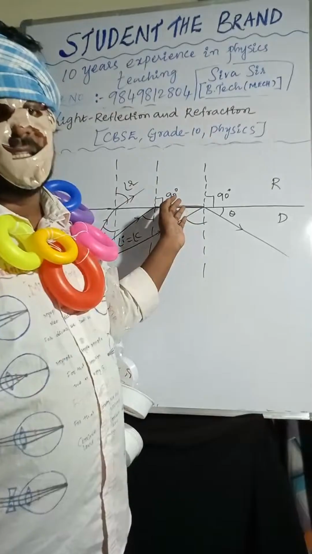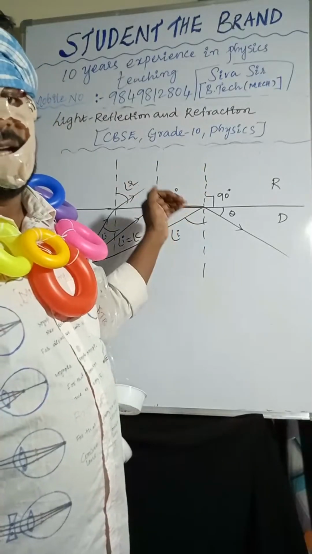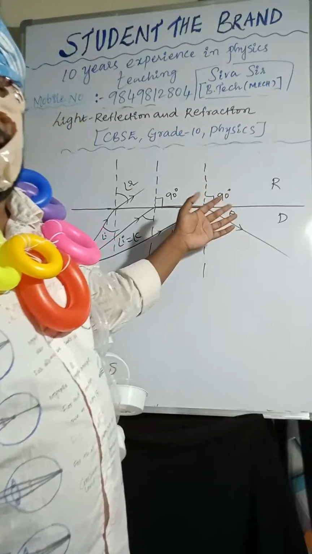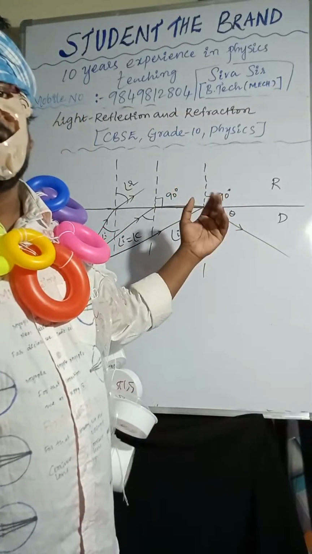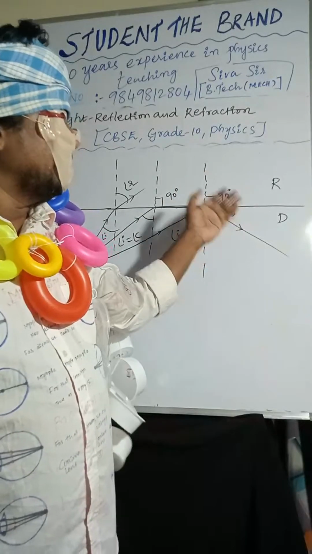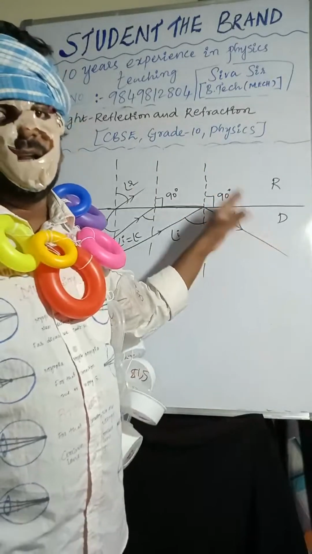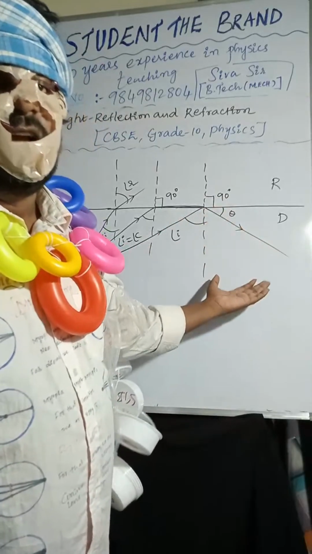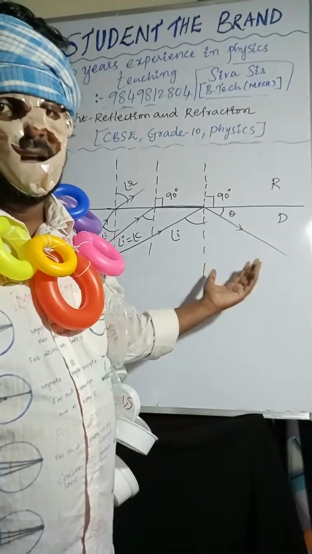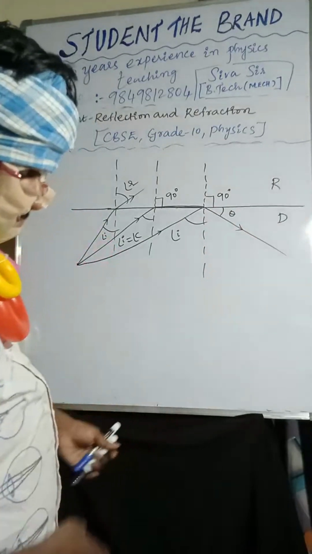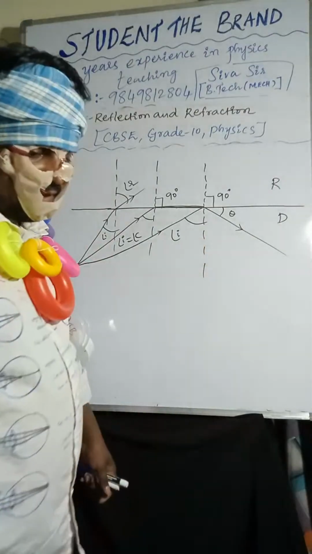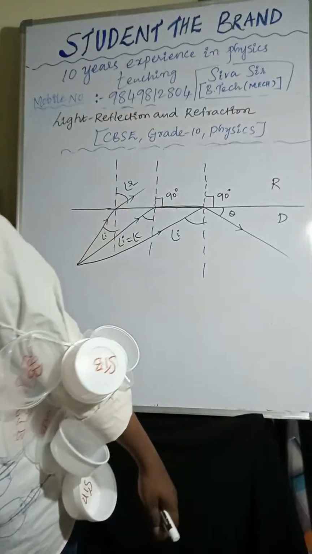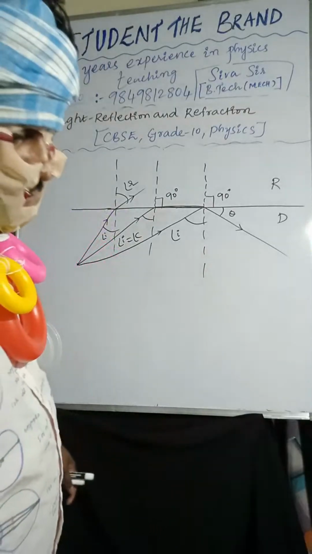If the light ray passing from denser to rarer makes more than 90 degrees, it reflects back into the same medium. That is called total internal reflection. I hope it is very clear. So this is about critical angle and total internal reflection.